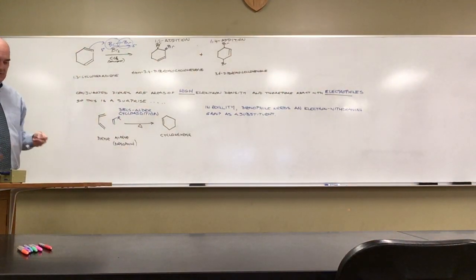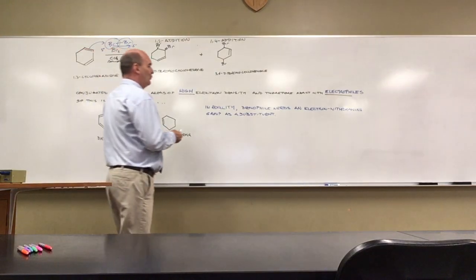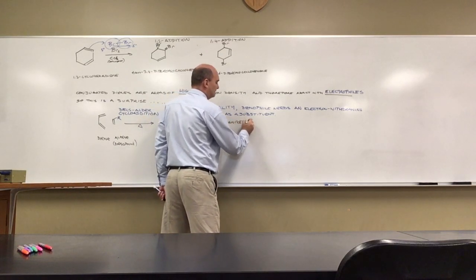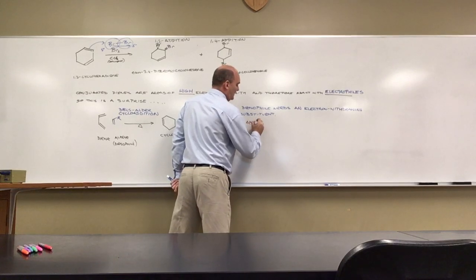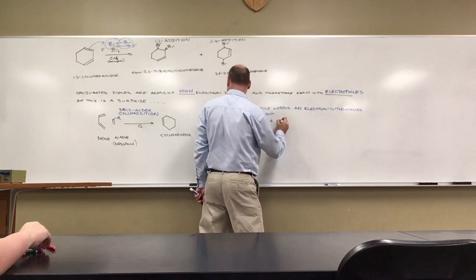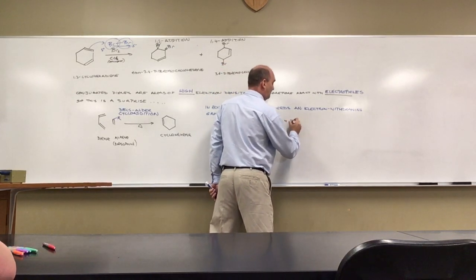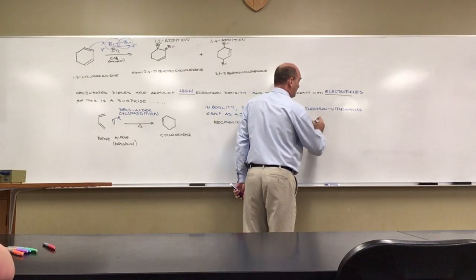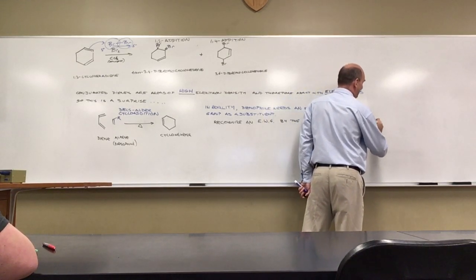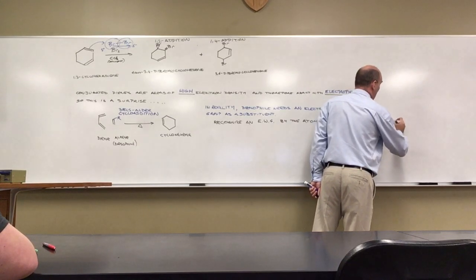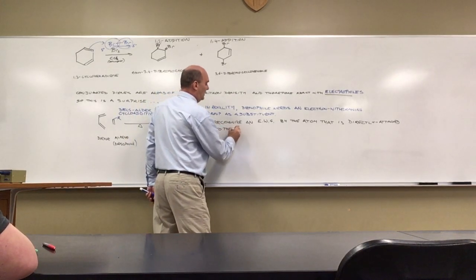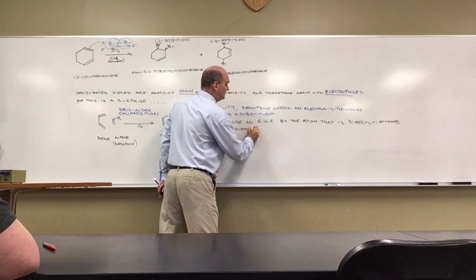What I need is the second here, and you can always recognize an electron withdrawing group by the atom that is directly attached to the dienophile, which is now my alkene.